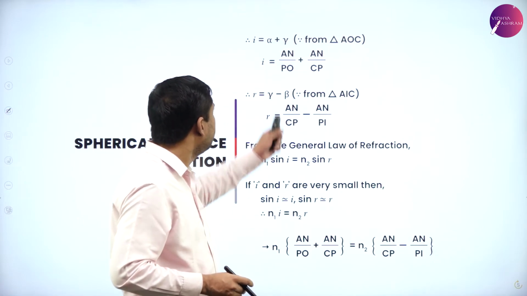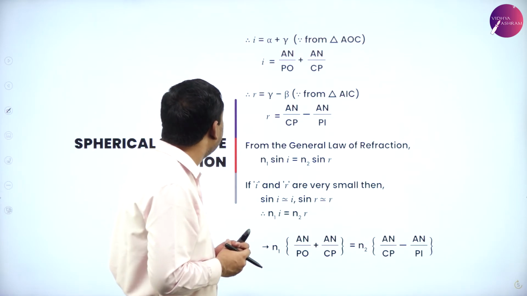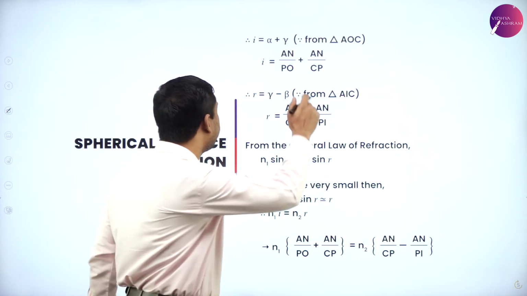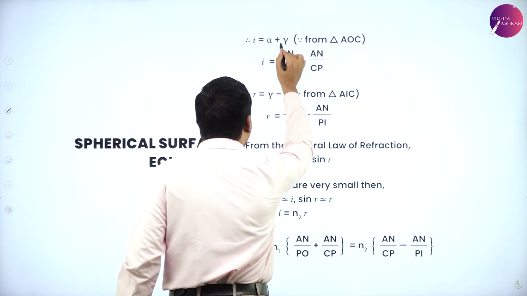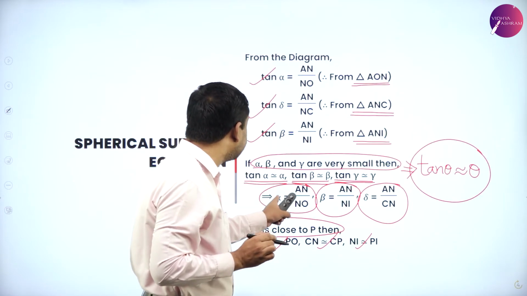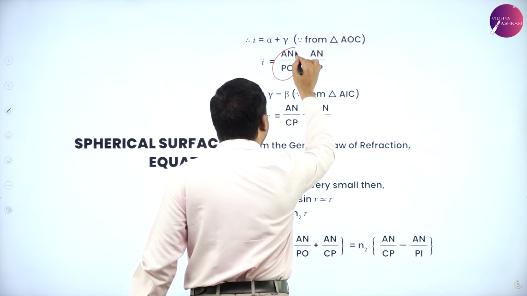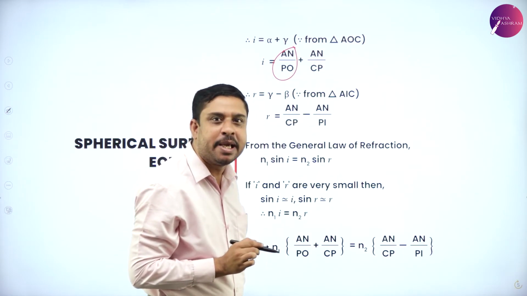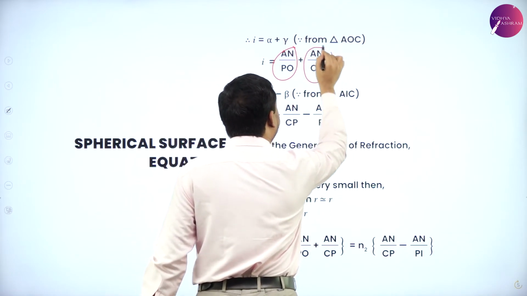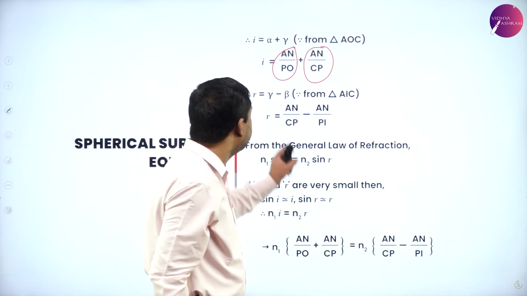Now, I have already calculated the value of I and R. I is alpha plus gamma. I know what alpha is. Substituting, an divided by PO plus gamma, an divided by CP.